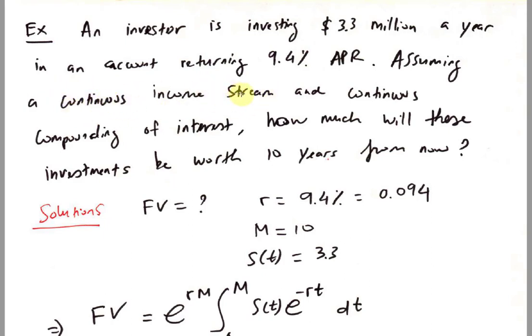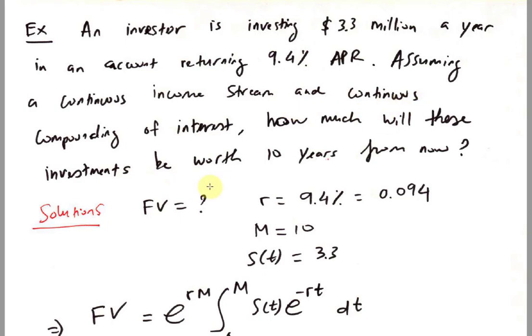This is not a discrete value. And continuous compounding of interest. How much will this investment be worth 10 years from now? That means they are looking for 10 years from now. How much do we get? That is, they are asking for the future value.